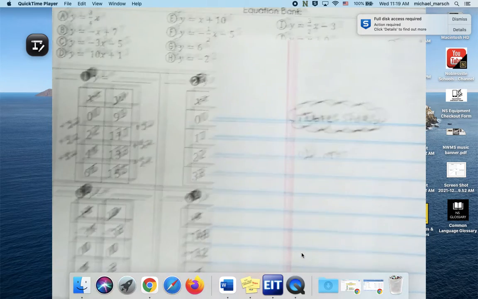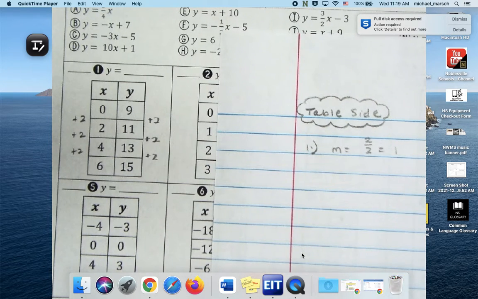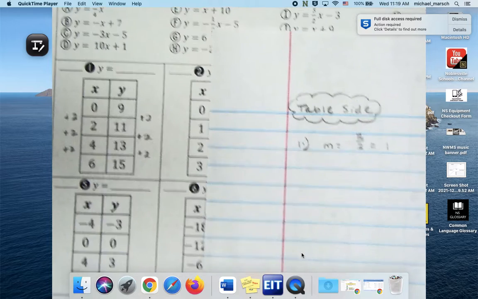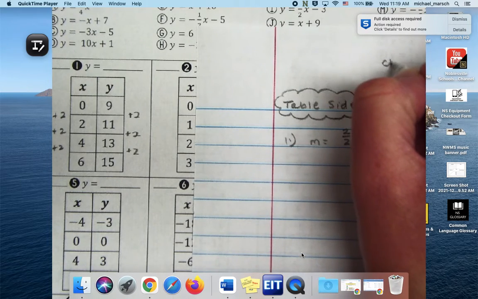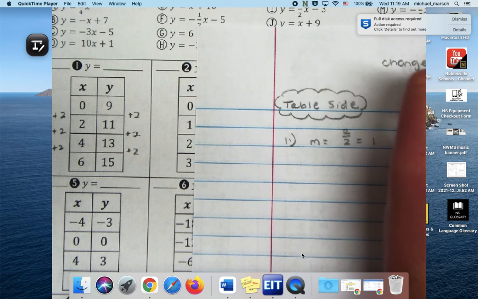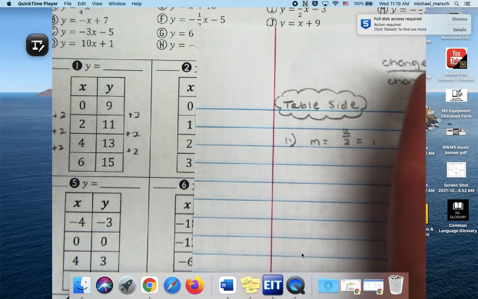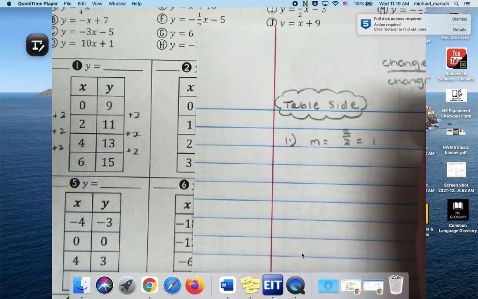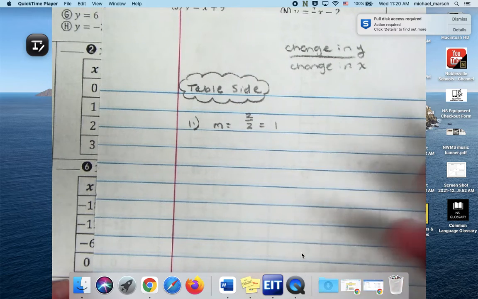Yep, so it's positive 2 over 2, which also equals 1. Remember, it's change in y over change in x. Everybody wants to put the x in the numerator. You can't do that. Change in y over change in x.